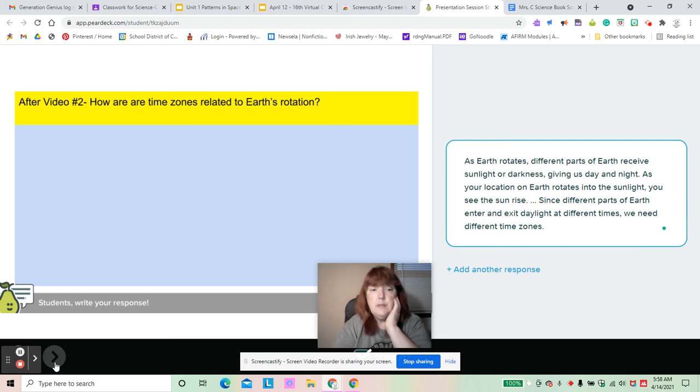And finally, how are the time zones related to the Earth's rotation? As Earth rotates, different parts of the Earth receive sunlight or darkness, giving us day and night. As your location on Earth rotates into the sunlight, you see the sun rising. Since different parts of the Earth enter and exit daylight at different times, depending on their position, we need different time zones.